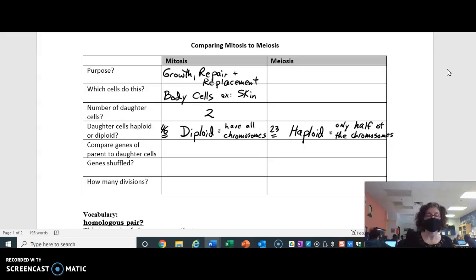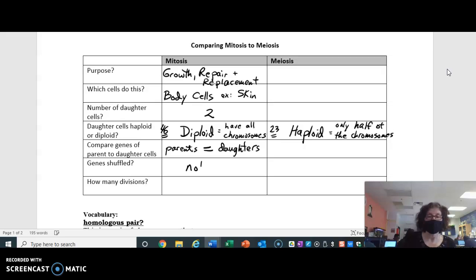Okay. So compare genes of parent to the daughter cells. Parents are the same as daughters in every way, completely identical. Are the genes shuffled?